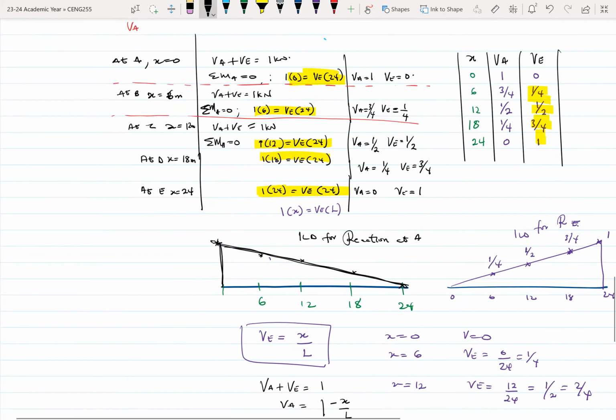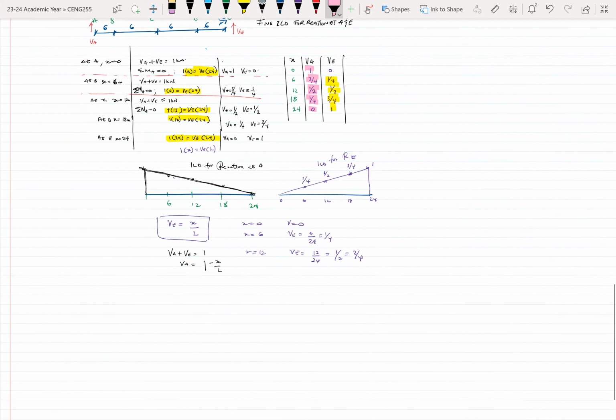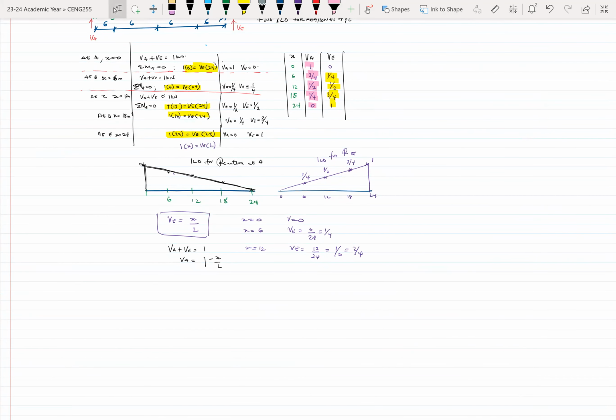And that's how we are able to get the data set for the VA as well. All right. So this is, in its simplest form, how to calculate reactions at different supports.